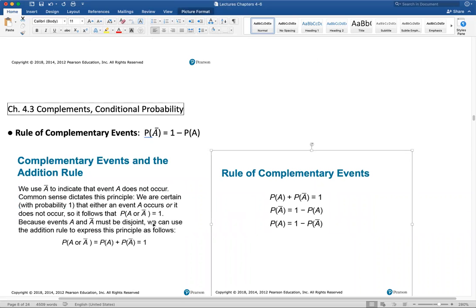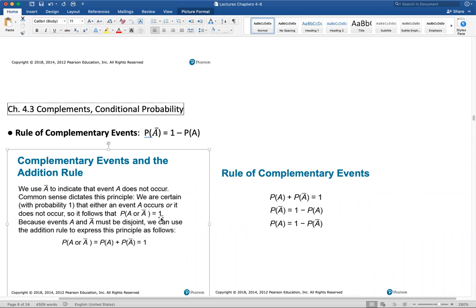Let's look at the lecture slide. We use A bar to indicate that event A does not occur. Common sense dictates this principle. We are certain with probability 1 that either an event A occurs or it does not occur. So it follows that P of A or A bar must be 1, right?